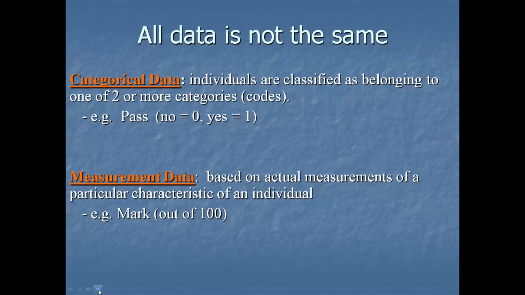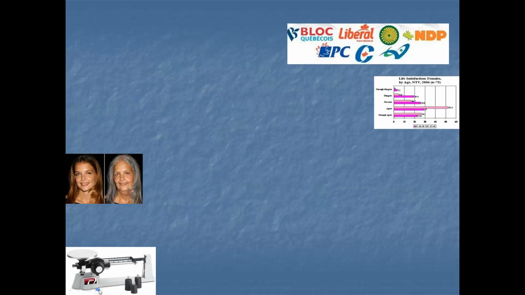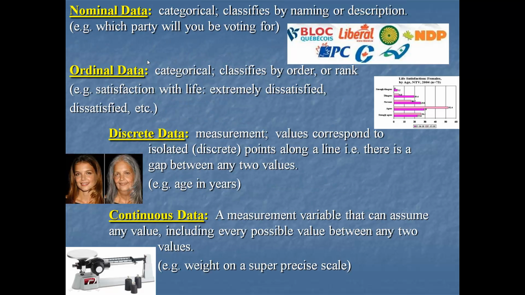These are fundamental to the way we're going to approach data analysis. Categorical data can be nominal, like which political party do you vote for, or ordinal, like satisfaction with life. Strongly agree, agree, not sure, disagree. All those kinds of questions are Likert scales, and we classify by order. So that's our ordinal data.